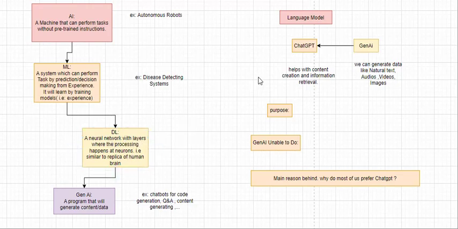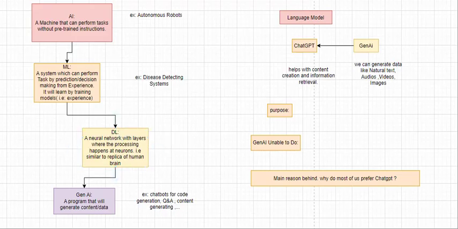So here, in any model, either it may be a generative AI model or an ML model or an AI model, where the processing actually happens is at these neural network layers only. Similar to our brain, these AI machines have this neural network based structure where the processing actually happens.